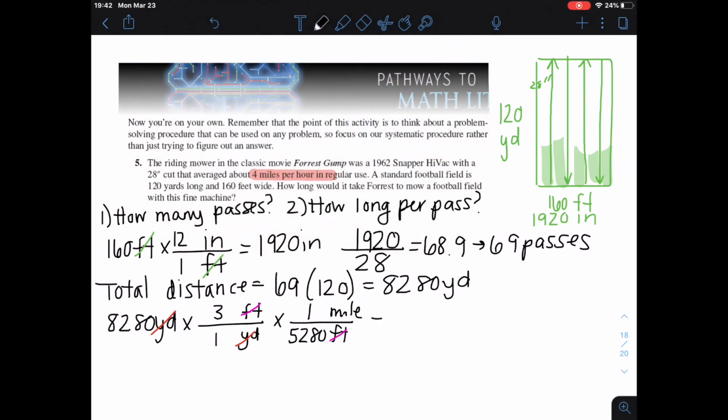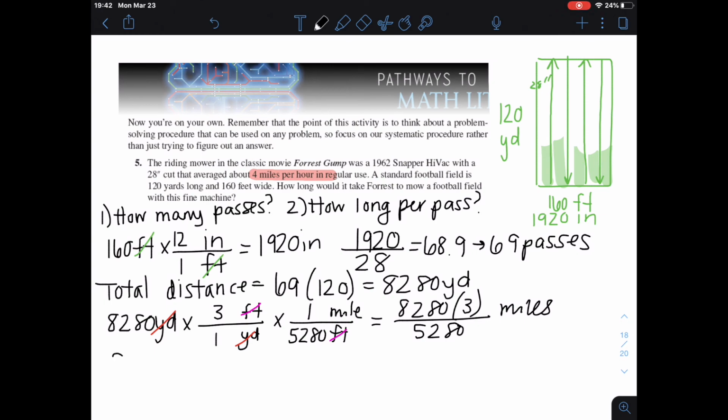So what we're left with is 8,280 times 3 over 5,280 miles. This is how far he's going to travel in miles.